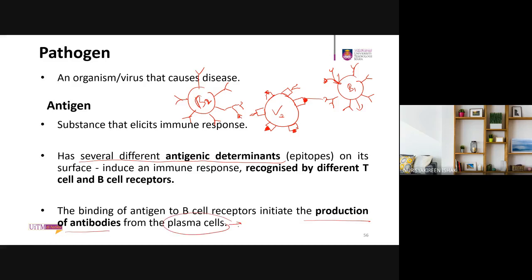So plasma cell is the activated B cell. Okay, sebab selepas undergo clonal selection tadi kan ada dua colonies, activated B cell and memory cell. Activated B cell adalah plasma cell yang menghasilkan antibodies. Okay, against this virus yang kedua ni, macam tu.